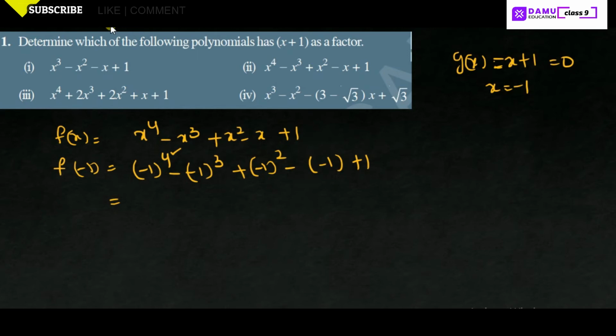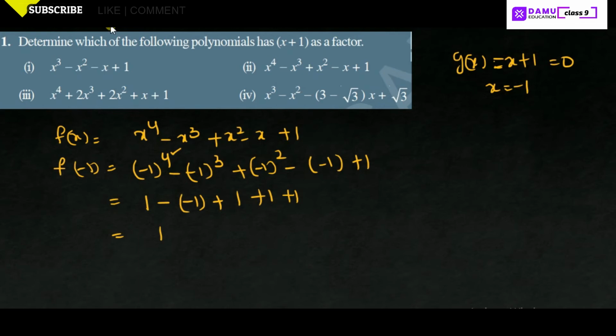For that, the power is even. So minus 1 whole power 4, what is that? Even power, so we get 1. Minus 1 whole cube is an odd power, so it becomes minus 1 only. Then minus into minus becomes plus 1, then plus 1.